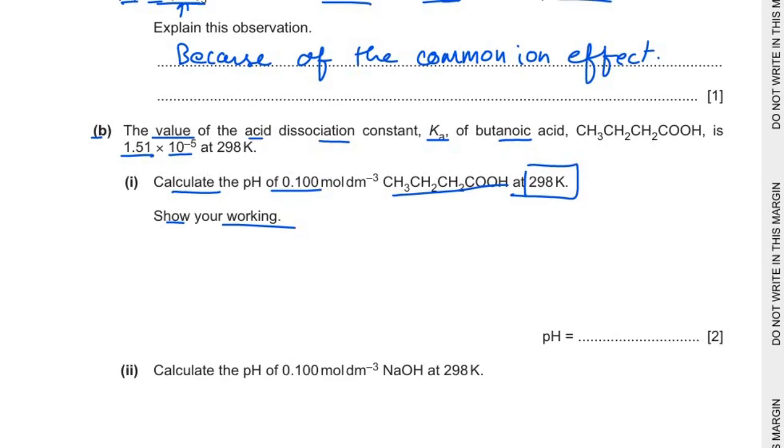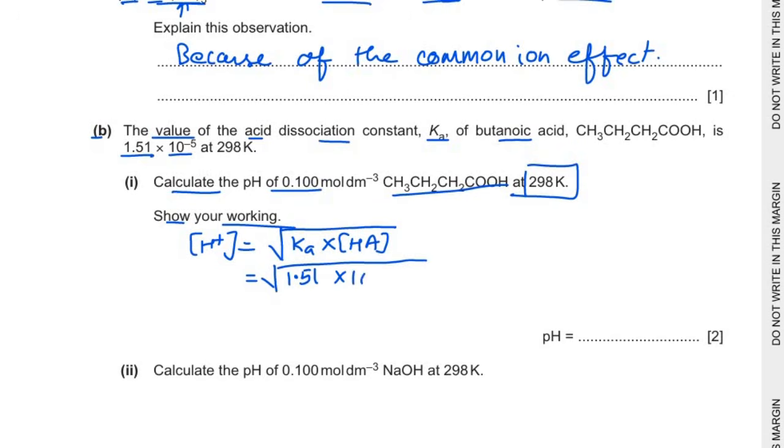Now if we calculate the concentration of H plus first, we have the formula as square root of Ka into the concentration of acid, that is HA. So if we substitute the value of Ka given here, which is 1.51 into 10 power minus 5, and the concentration of acid given here, that is 0.100.